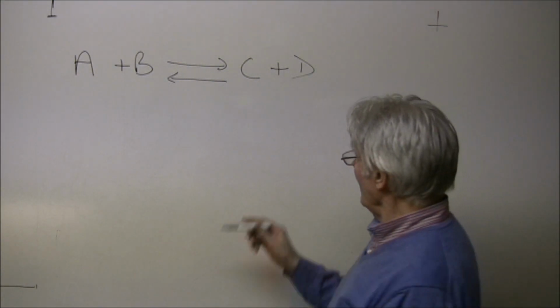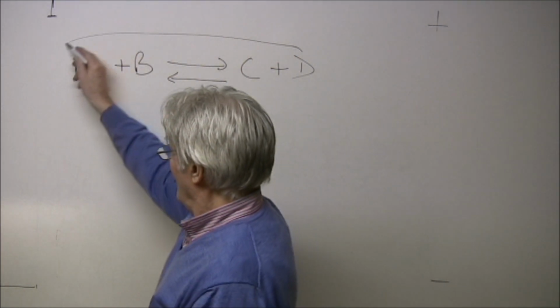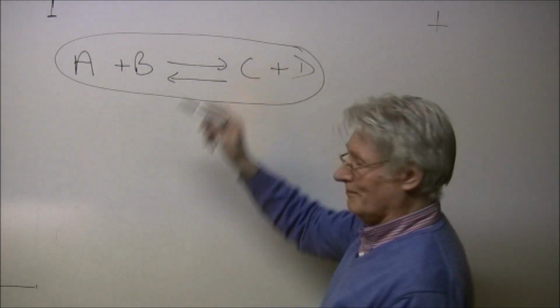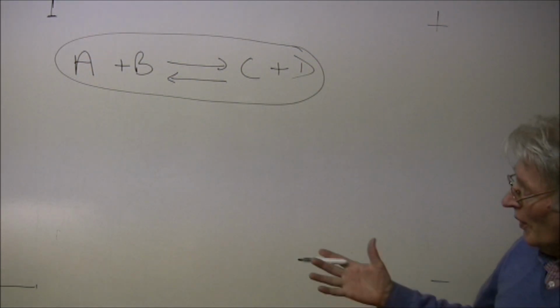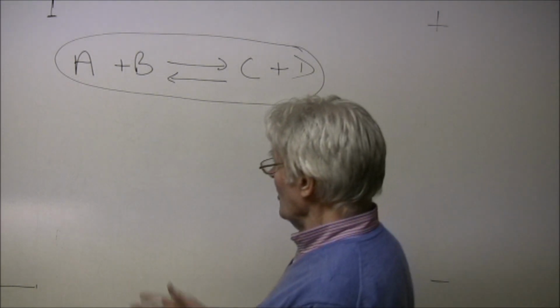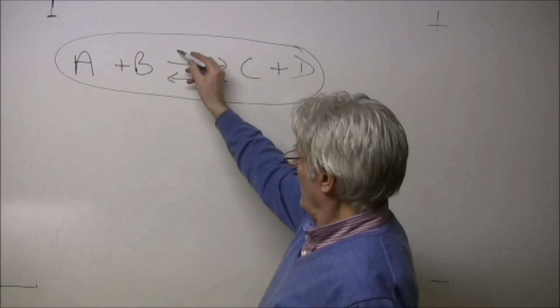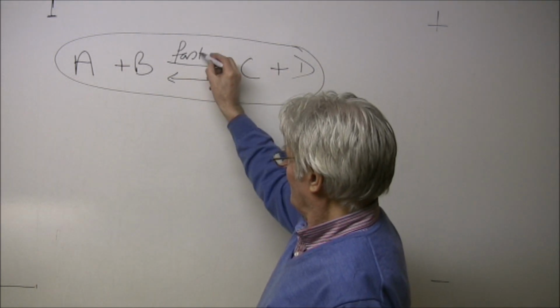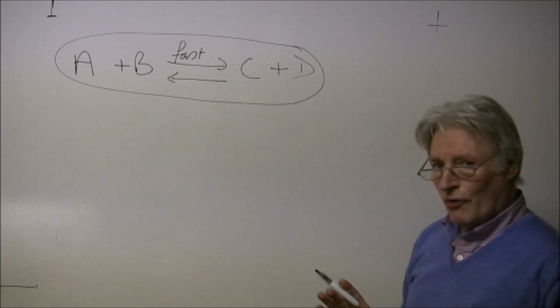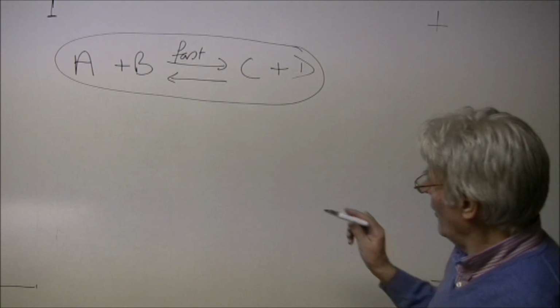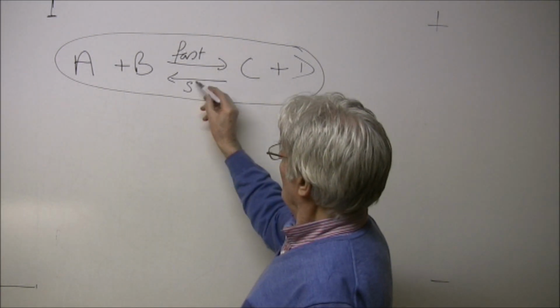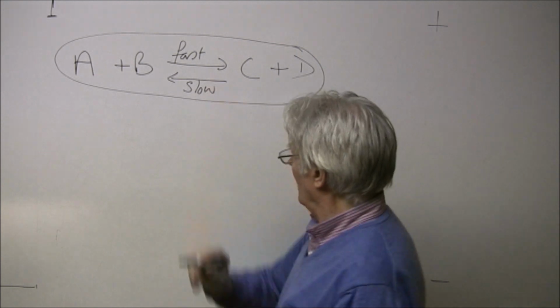Now, if we have these substances in a closed system where nothing can escape, what happens is this. Initially, when there's only A and B and they start to react, the forward reaction is fast. When C and D are formed, initially there's a very small amount, and therefore the reverse reaction is slow.